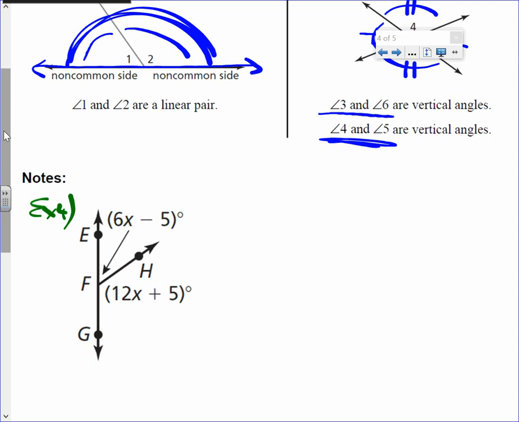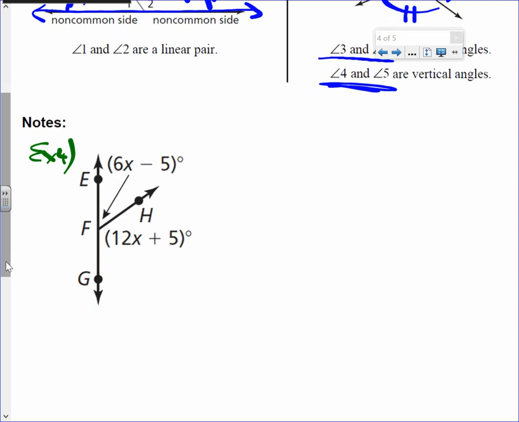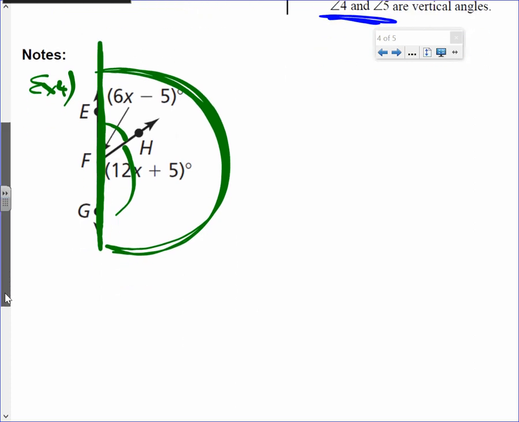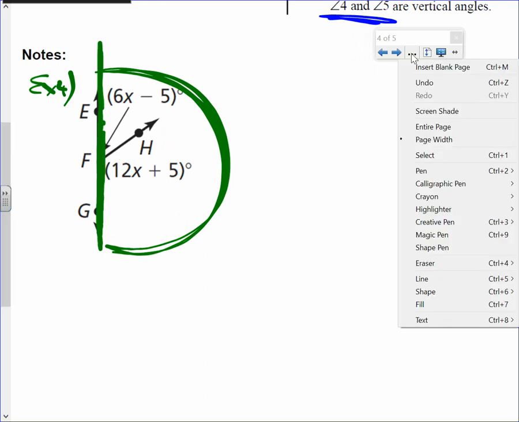We just finished one that's almost a replica of this. Notice this angle and this angle, their non-common sides form a line. And look, this is 180 degrees. If you add these two angles up, it's half a circle. So this is a linear pair relationship. They're always supplementary. So we're going to set up the same kind of equation that Soto did a little while ago. These two angles add up to 180. So let's set up the equation and we'll be able to solve for x.